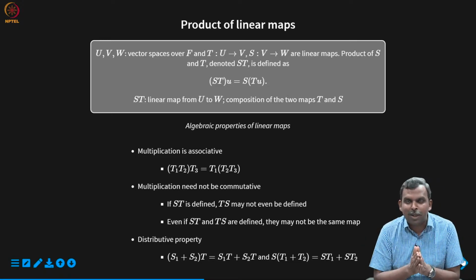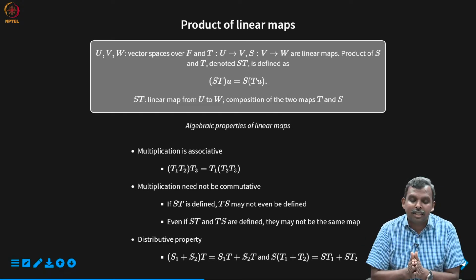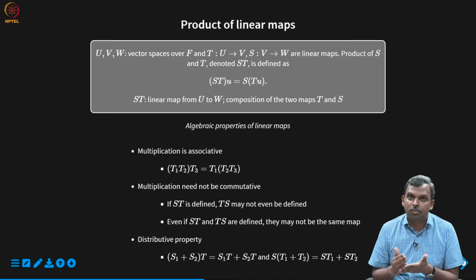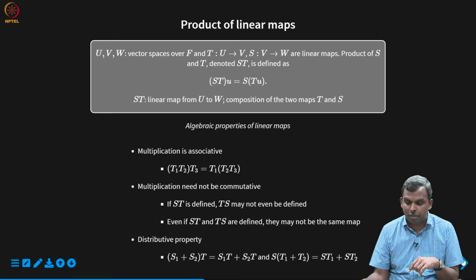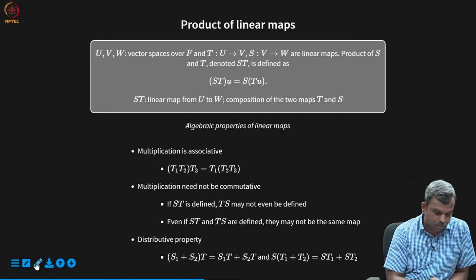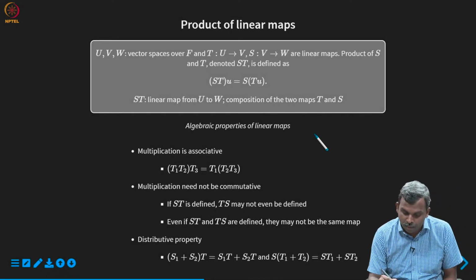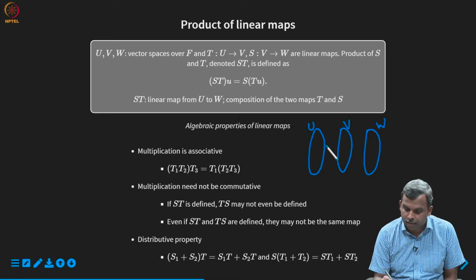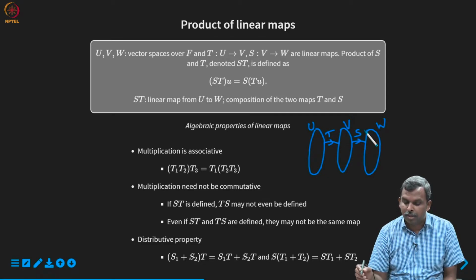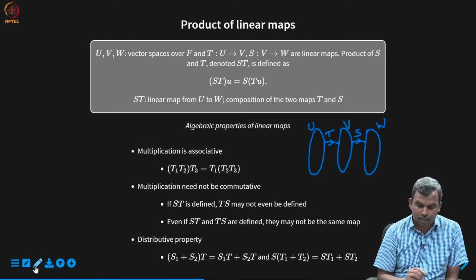T is a map that goes from U to V, and S is a map that goes from V to W. Maybe a picture here is not out of order. So you have U, you have V, you have W, and this T map goes from U to V, and this S map goes from V to W. Okay, so keep that in mind.